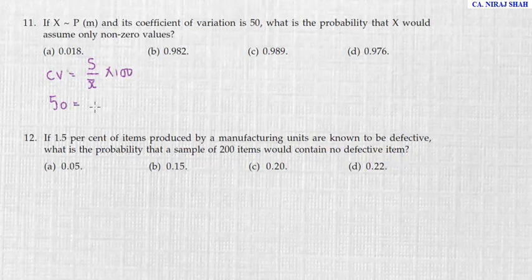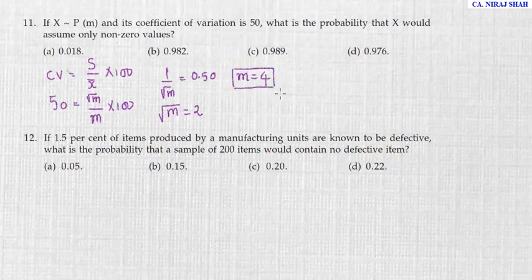S in case of Poisson distribution is under root m, and X bar in case of Poisson distribution is m. So we can say 1 divided by under root m is equal to 0.5. So under root m is equal to 2. Take square on both the sides, then m will be 4. So this is the value of m.